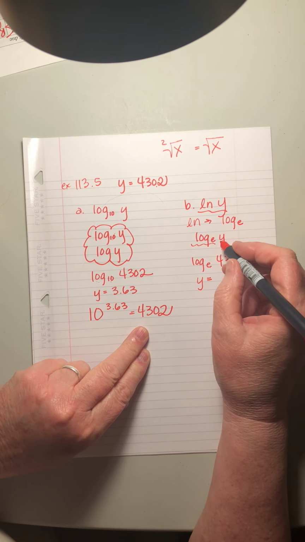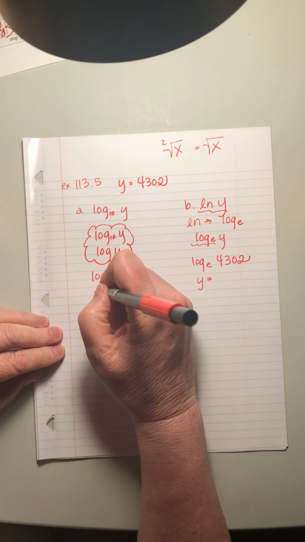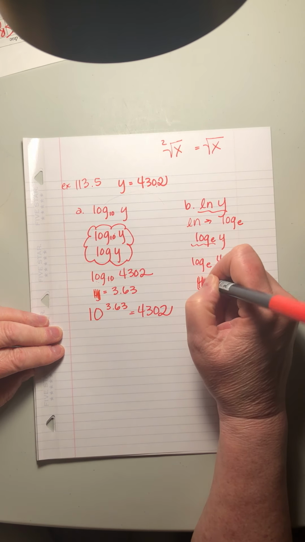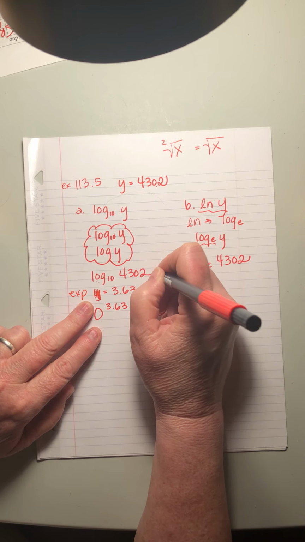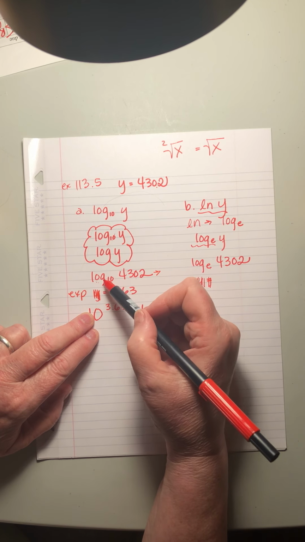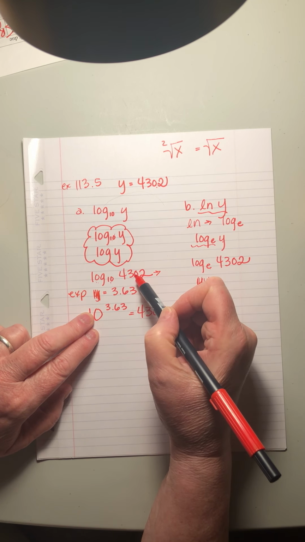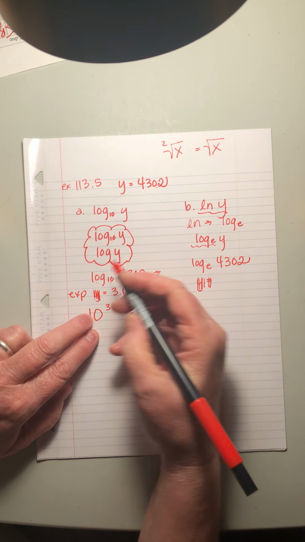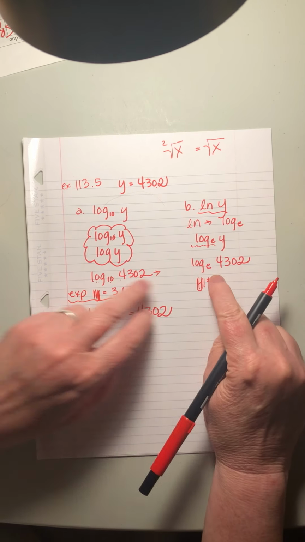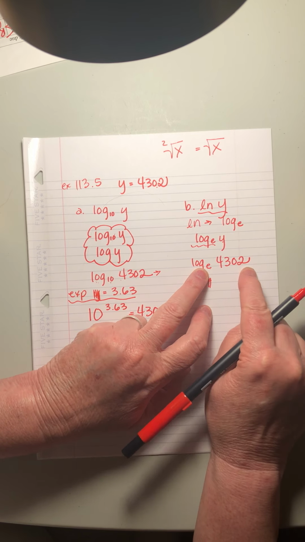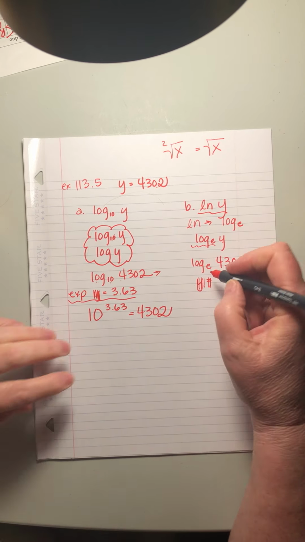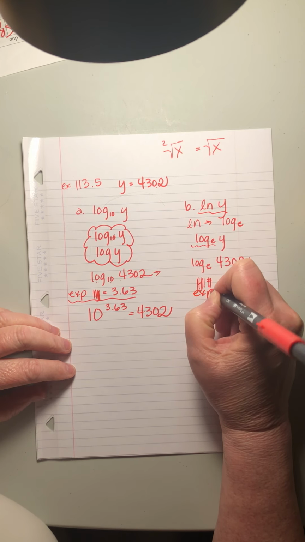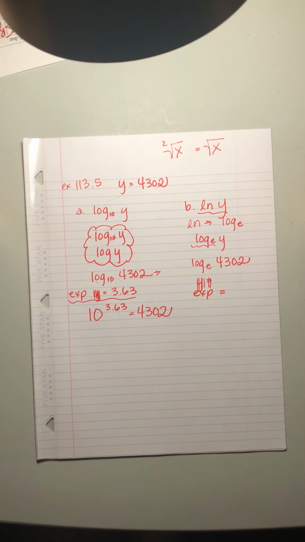This is the exponent, okay? That's what this equals. What is the exponent we put on 10 to get 4,302? That's the exponent. What is the exponent we put on e to get 4,302? That number is bigger. It's 8.37. So the exponent equals 8.37.